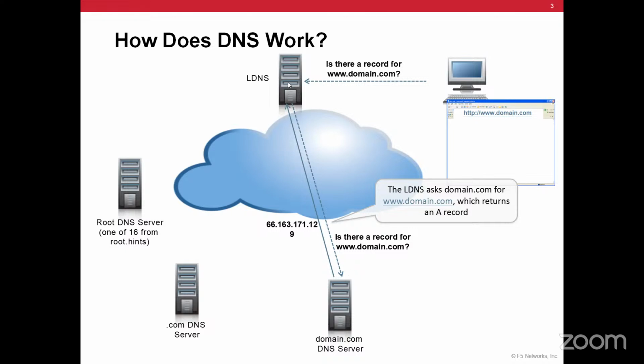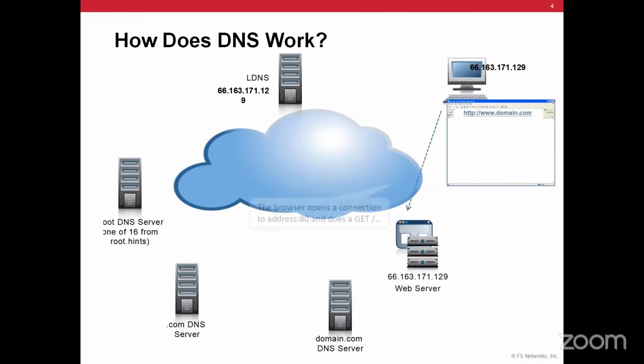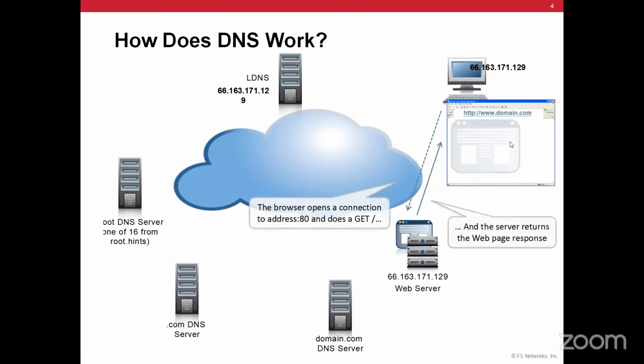Then the LDNS will go to the authoritative DNS server and ask for the resolution of this domain. Then this server resolves it to the IP. The LDNS will pass this IP to the client, and then the client will access it from their machine. On the backend, when we access this domain, the communication is happening on the IP. That's very important.